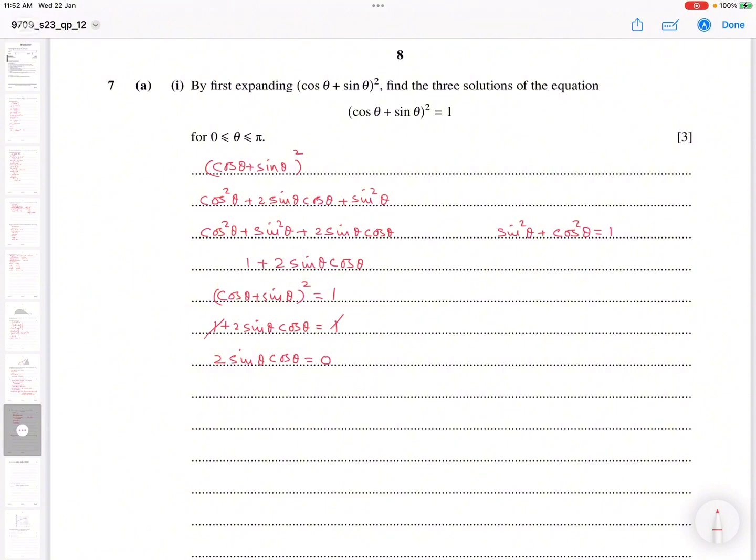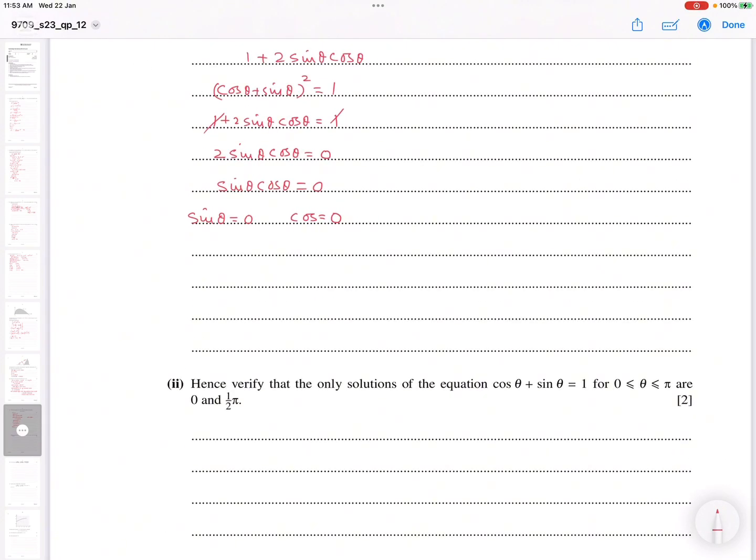So 0 divided by 2, you are left with sine theta cos theta is equal to 0. So your sine theta equals 0 and your cos theta is equal to 0. Now we have to see where sine theta and cos theta give us 0.